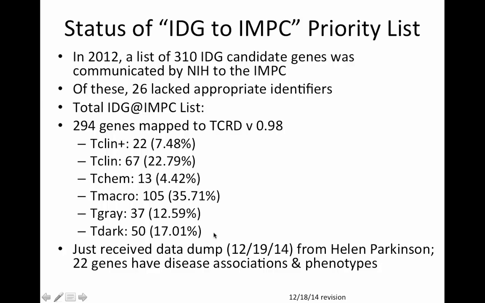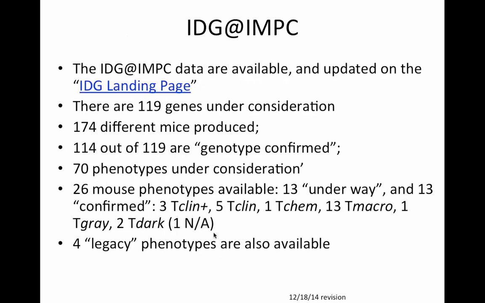And there is a website, so IDG has a landing page. The link is live if you go there, so those of you that want access to the slides, you can have them. So it turns out that there are 26 mouse phenotypes that have been built from the 310 genes that were communicated 2 years earlier.